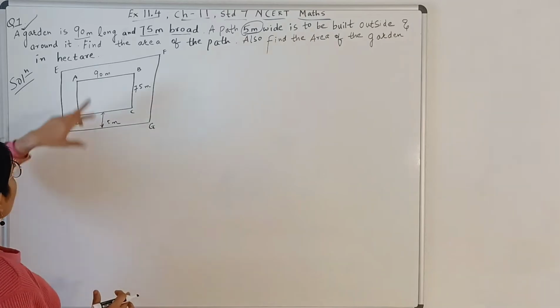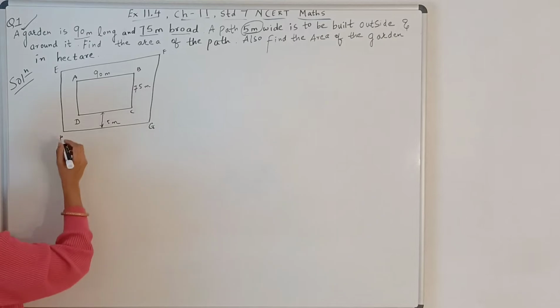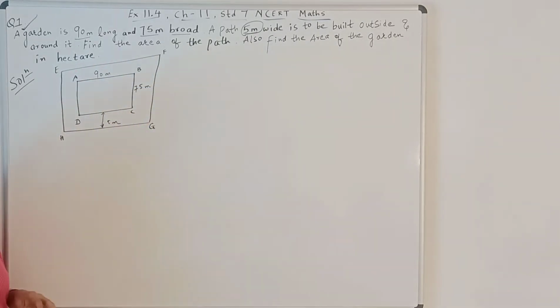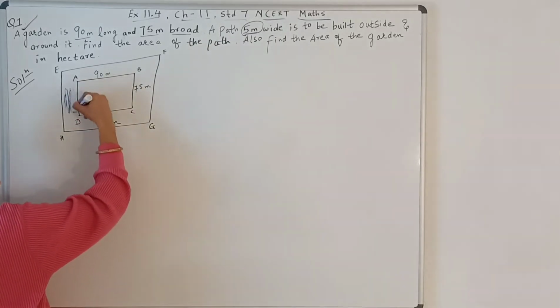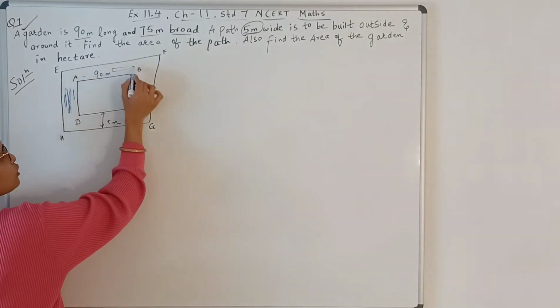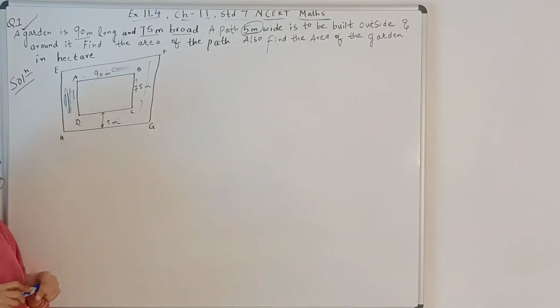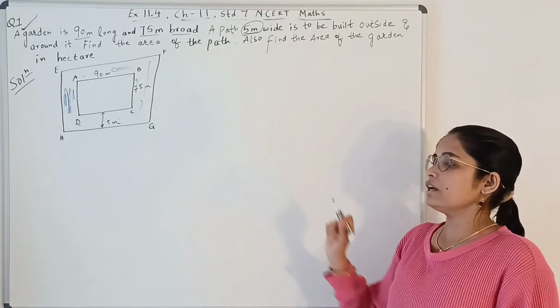Now we need to find the area of the path. Area of the path means this middle section, this part, that we need to find. So how will we find the area of this path? First of all, there are two rectangles, ABCD and EFGH.